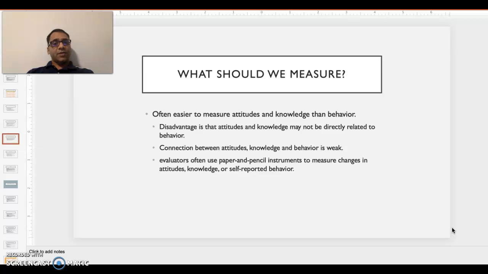In those scenarios, it is important to see the connection between the attitudes, knowledge, and behavior, and many times it is a weak connection.